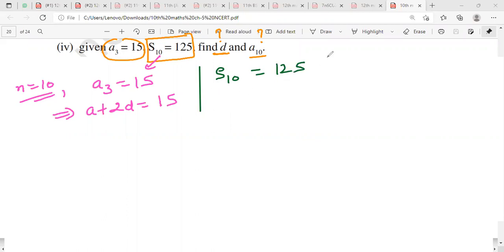Now we know that Sn is equal to n by 2 into 2a plus n minus 1 into d. Right?